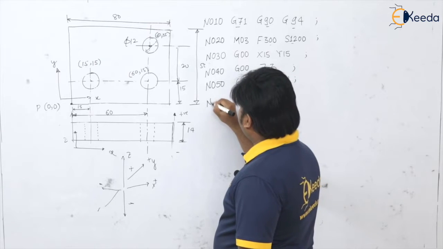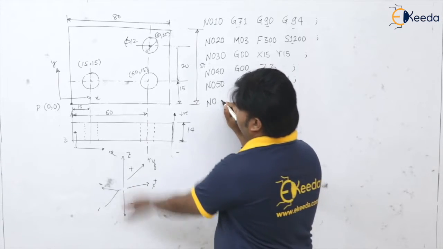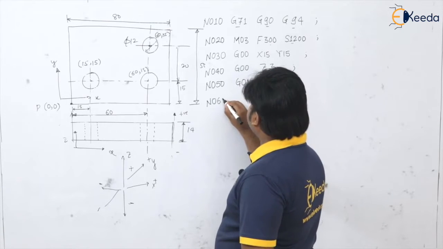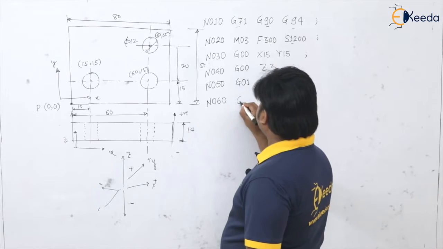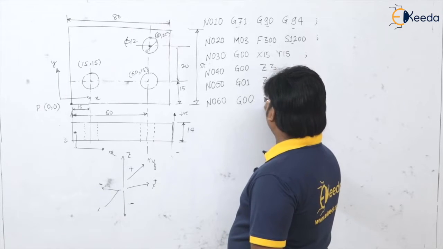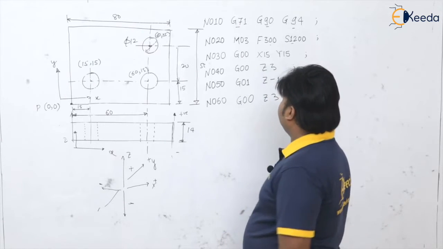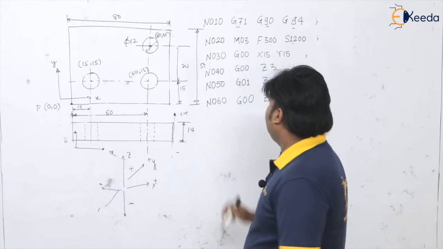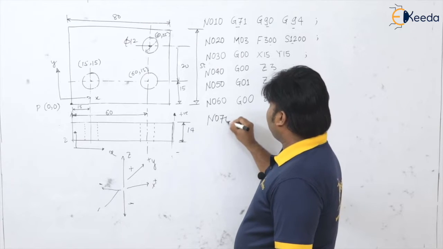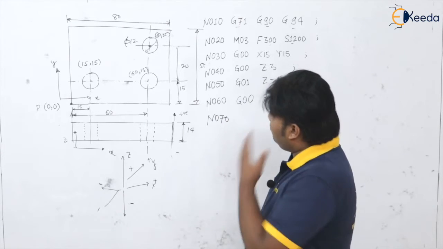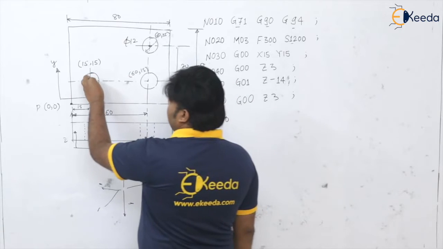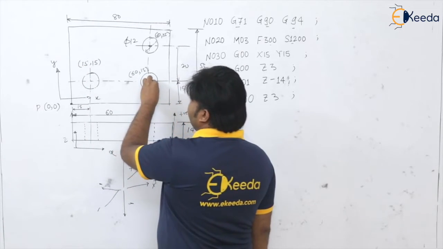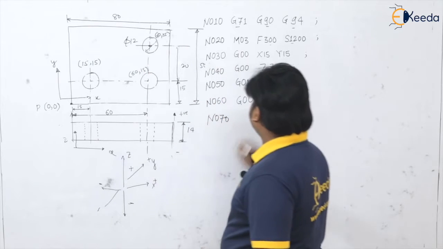After completion of the operation, take the drill with the rapid traverse again to position Z3: N060, G00. With the rapid traverse I am coming to the point 3 millimeter above the work surface. Now N070: you are going to move from the point 15, 15 to the point 60, 15.